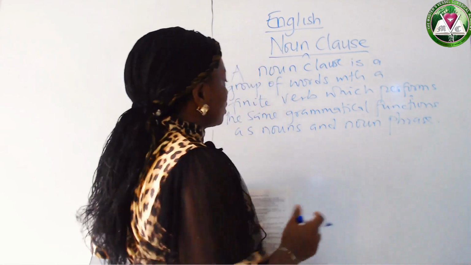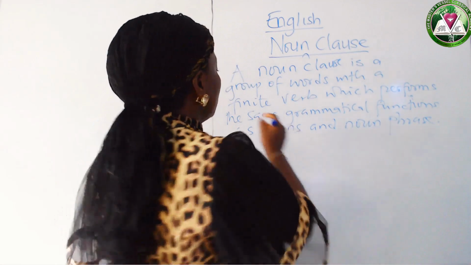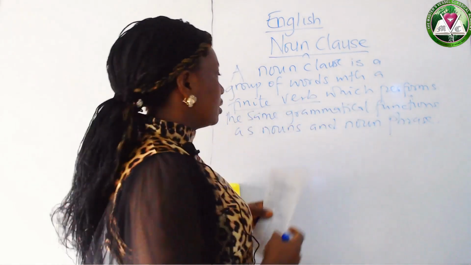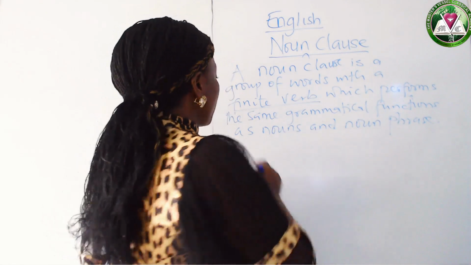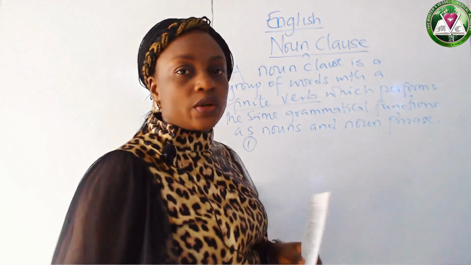Okay, a noun clause is a group of words with a finite verb which performs the same grammatical functions as nouns and noun phrase. Now, what are these grammatical functions we're talking about?